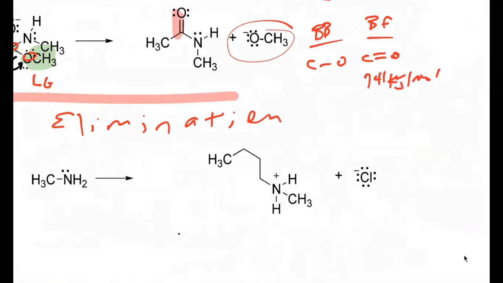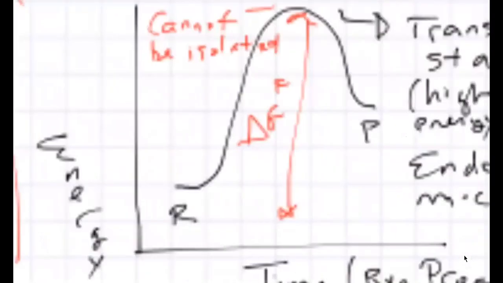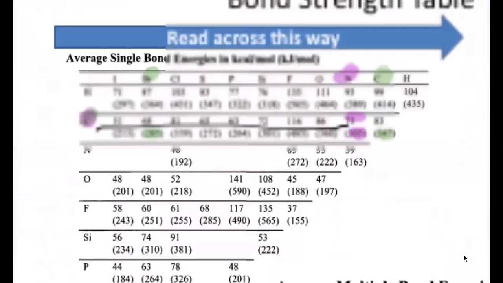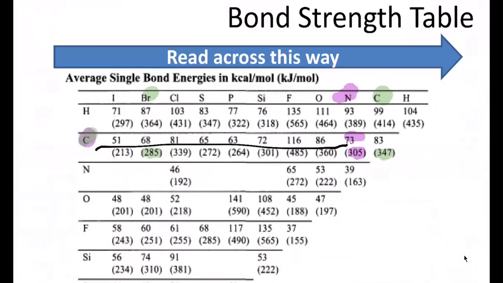For the CO single bond, let's look at the chart. Again, I'm going to erase all this other stuff. I'm going to find carbon. Wrong pen, sorry. So I find carbon here and oxygen here, right?